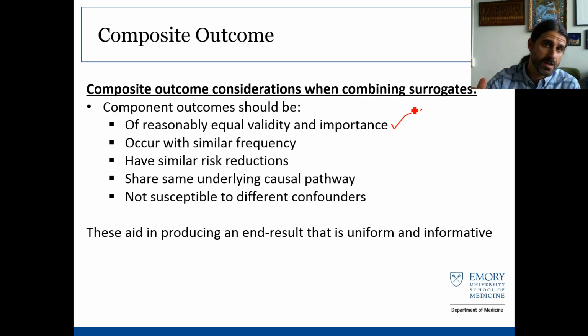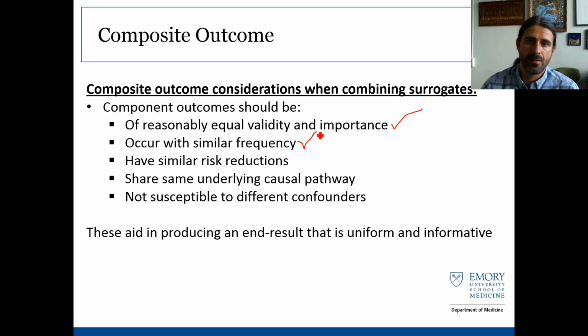If coronary revascularization is really not as valid or as important an outcome as cardiovascular death, it could really muddy the waters in terms of the final interpretation of how to put these all together and combine them in one outcome. They should occur with similar frequency.